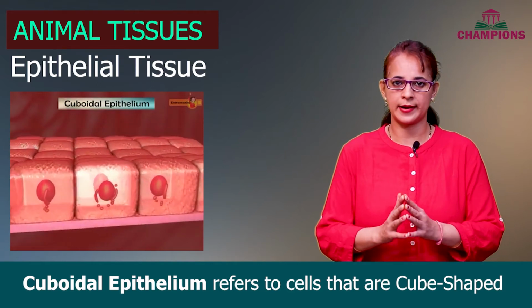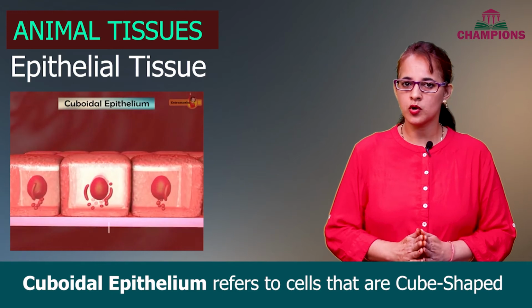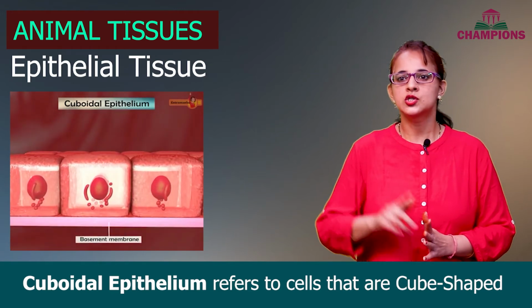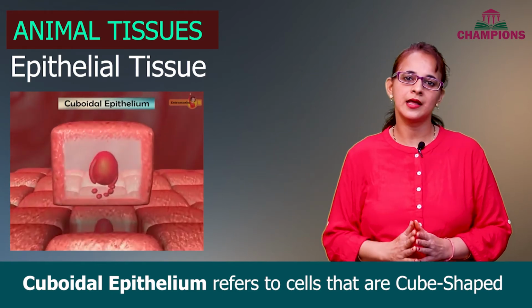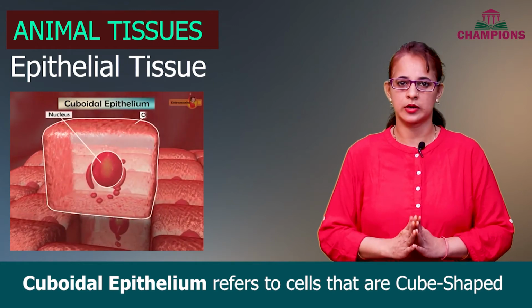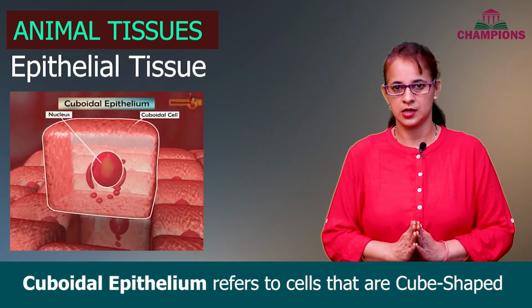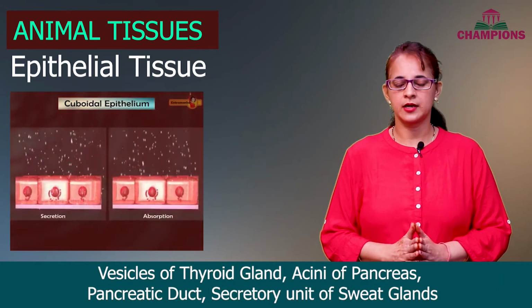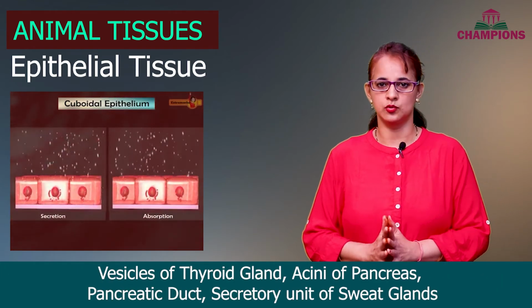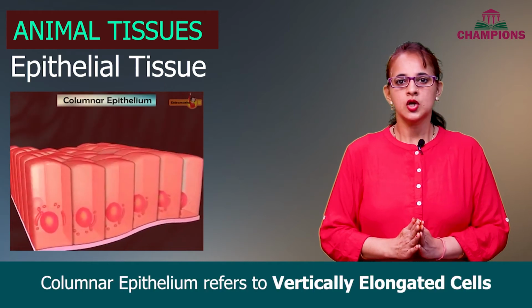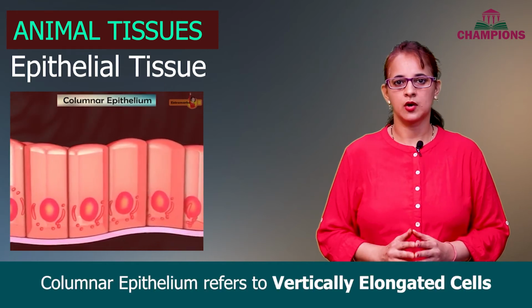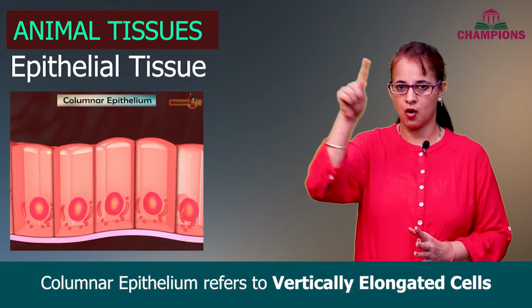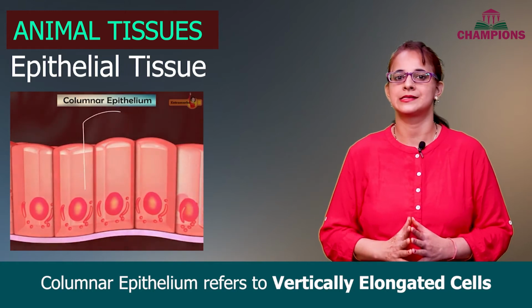Second is cuboidal epithelium. Cuboidal means the cells are more or less cube-like or squarish in shape, and they have a single centrally located rounded nucleus. Where do we find it? It is found in the kidney tubules. Third, columnar epithelium. Here the cells are long and column-like cells.